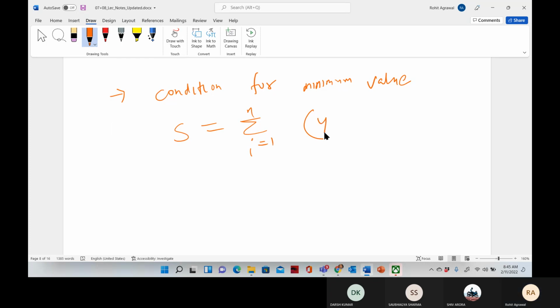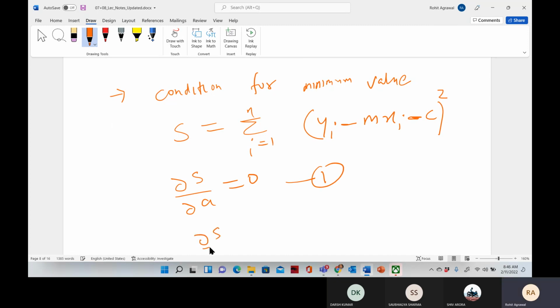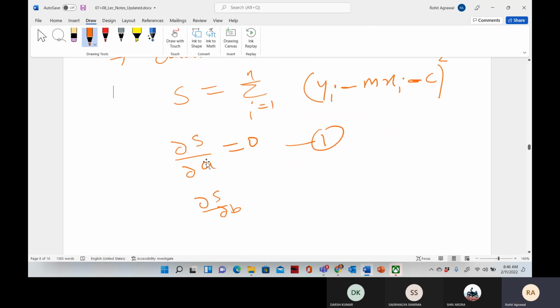See, can we write this? Okay. The condition is del S upon del A equals 0 and del S upon del B, sorry, M and C, because here we use M and C. Del S upon del C equals 0 and del S upon del M equals 0.